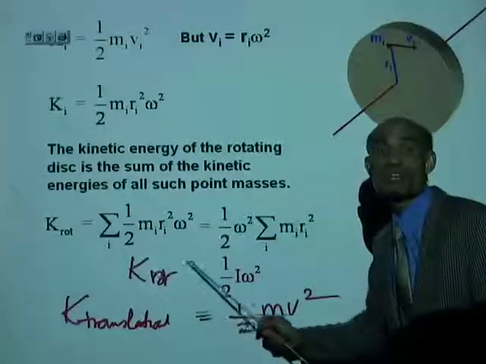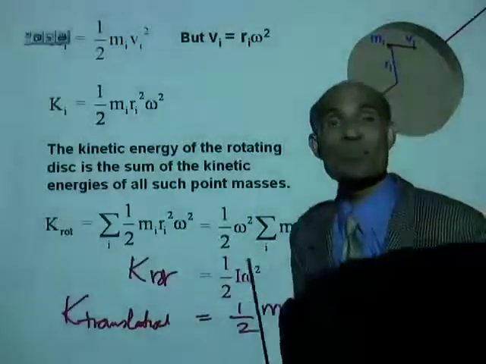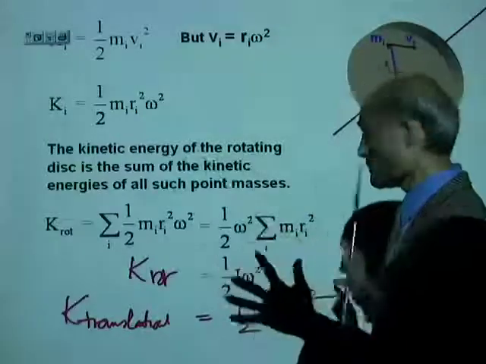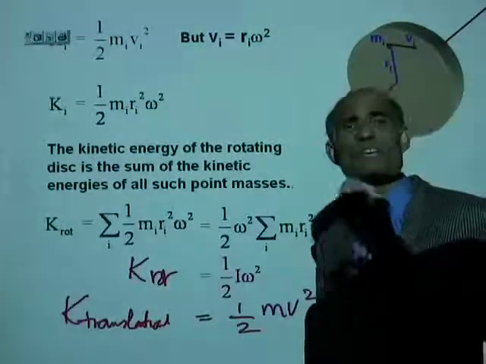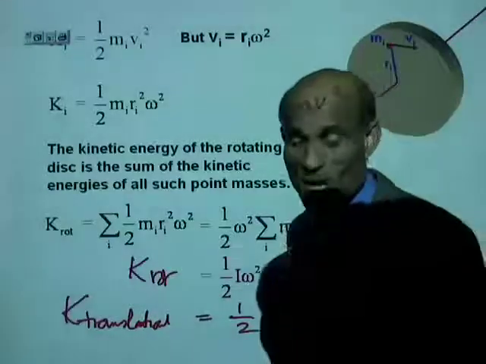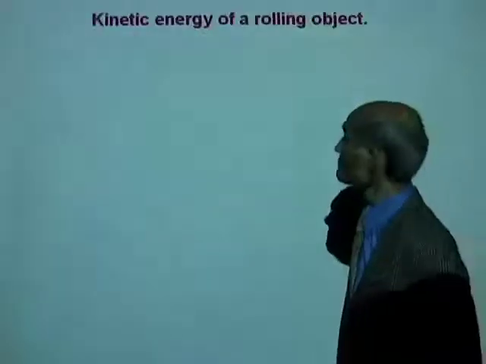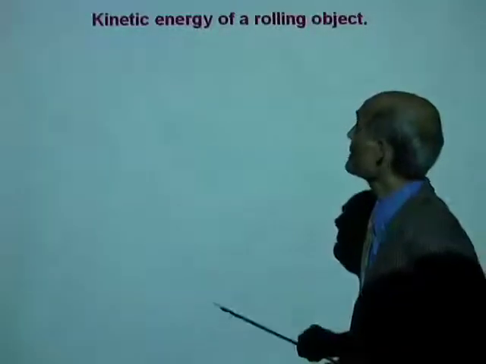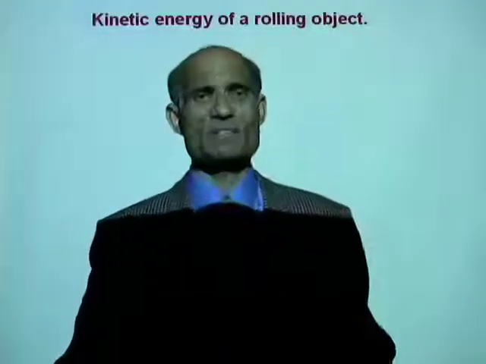Kinetic energy in rotational motion is 1/2 I omega squared. You can see the parallel nature of these equations makes them very easy for you to remember, and you need to remember them.